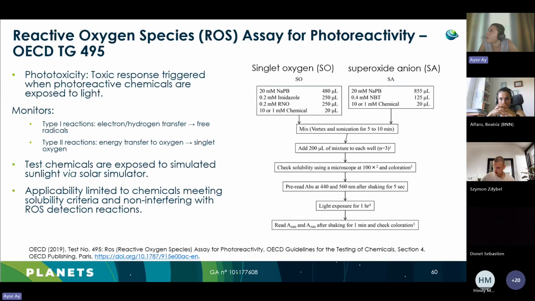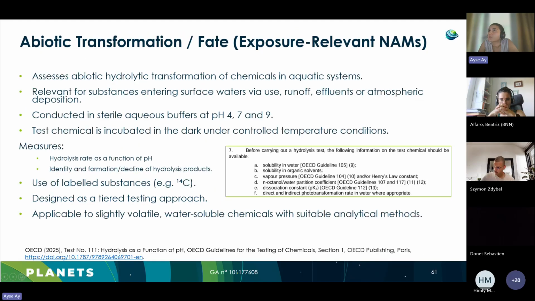In the next round, I will introduce abiotic transformation, which is an exposure-relevant NAM, described in OECD test guideline number 111. There we focus on the abiotic hydrolytic transformation of chemicals in aquatic systems. This is relevant to substances that can potentially enter surface waters via use, runoff, or even atmospheric deposition. These tests are conducted in aqueous buffers at different pHs: pH 4, 7, and 9.